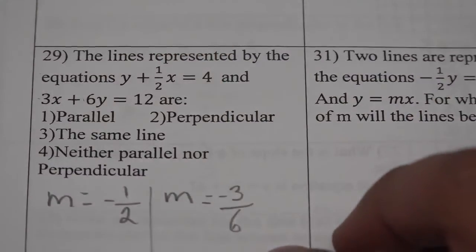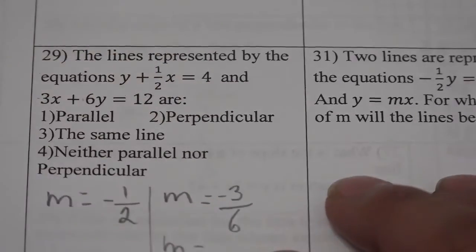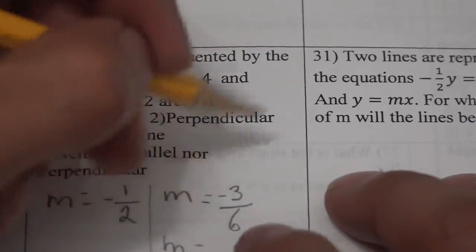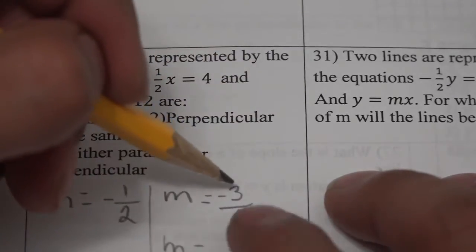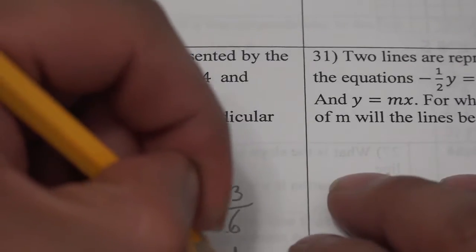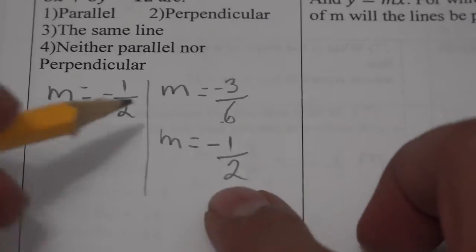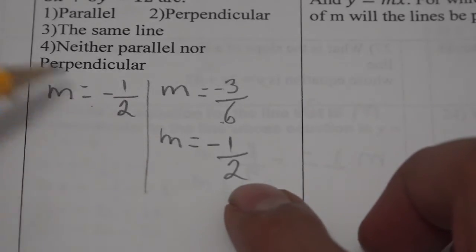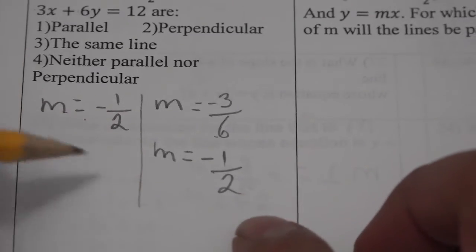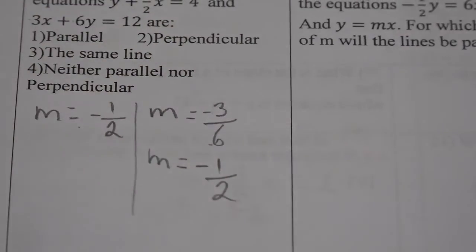Well, let us reduce this. They both can be divided by 3, so this becomes negative 1/2. Now look at this. They have the same slope. Oh, they're parallel. Justify your response: they're parallel because they have the same slope.